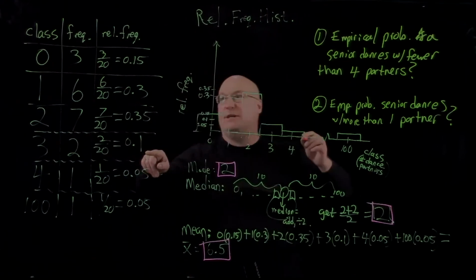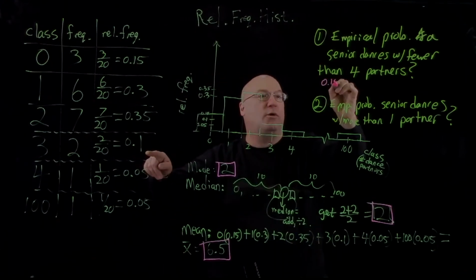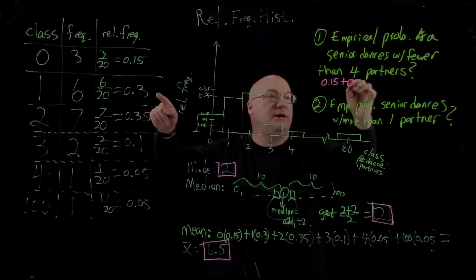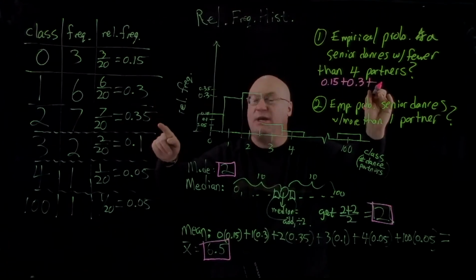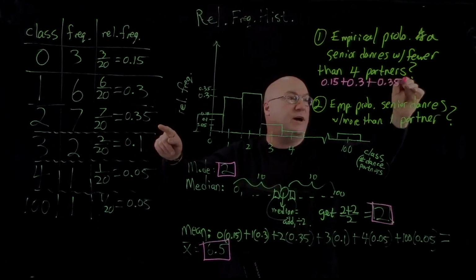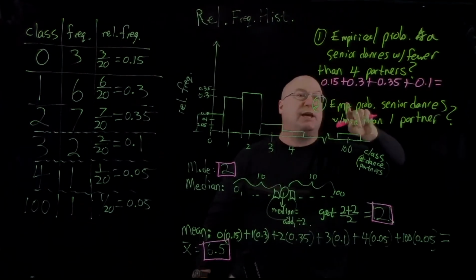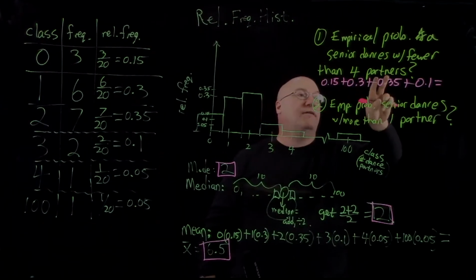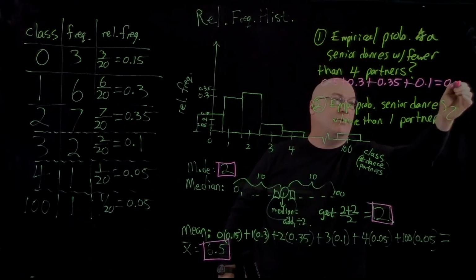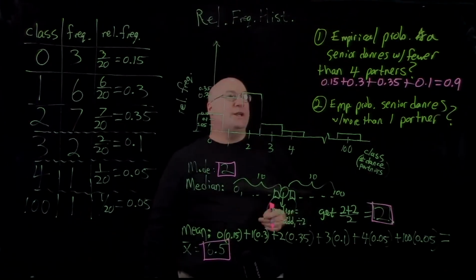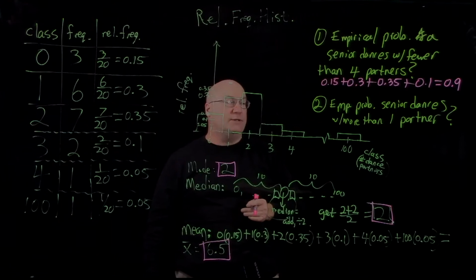So the answer is 0.15 plus 0.3 plus 0.35 plus 0.1, and you get 0.9, right? So 90% probability the seniors are going to dance with fewer than 4 partners.